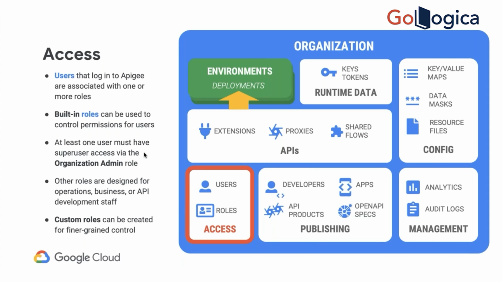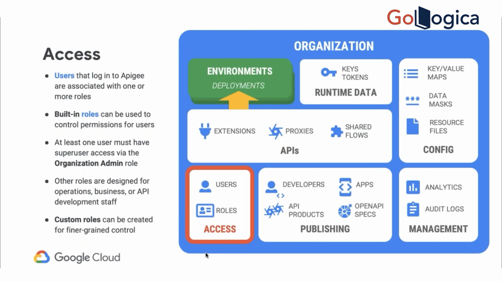In Apigee you can have roles. There are some predefined roles available, and there are some custom roles which you can create. Custom roles allow you to do all the fine grain control.